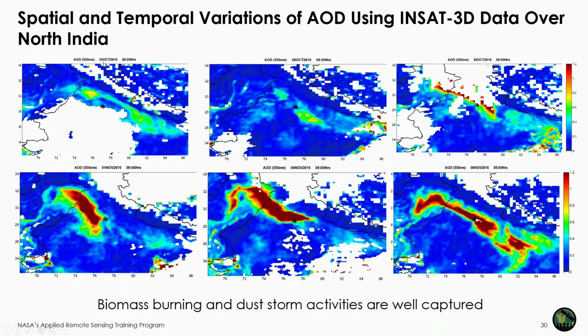This is the same animation in picture form. Here, this is the situation on 25th October. Here the biomass burning was happening and the smoke was traveling almost up to 2,000 kilometers towards the east. And on 28th October, this was the situation. And then on 30th October, and subsequently there was a dust event from the Afghan-Pakistan border, and the aerosol optical depth increases significantly, and the air quality over this capital region of India significantly deteriorated.